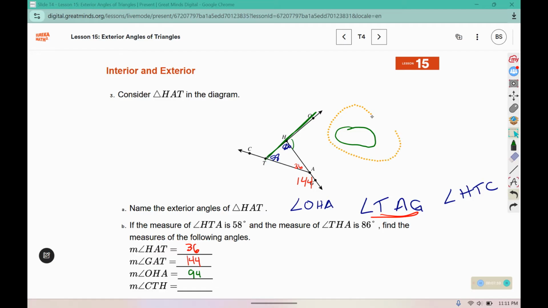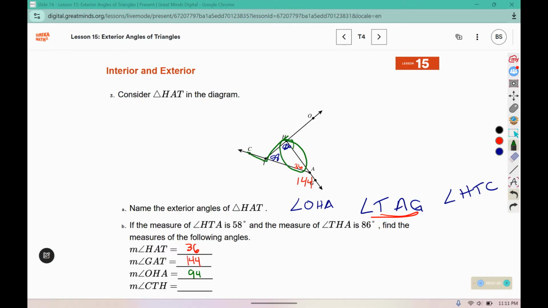Let's see if that's true for this last one. I am looking for CTH, that's this one here. If I combine the two that aren't touching it, so right now 58 is touching it.